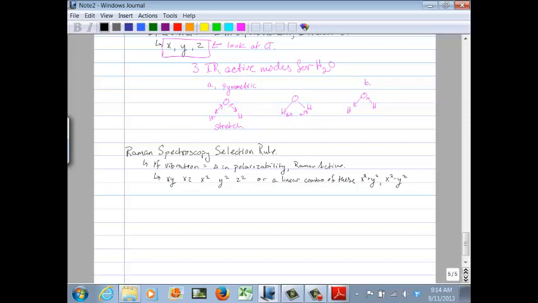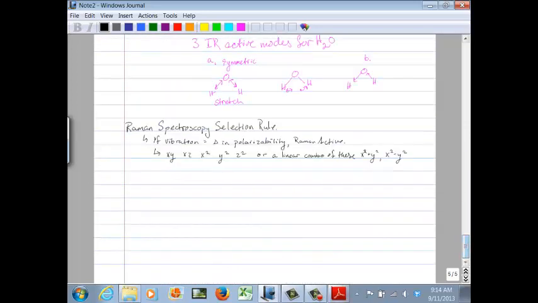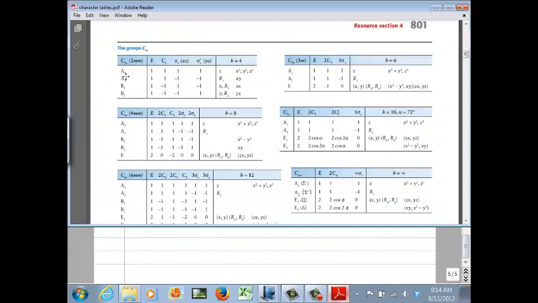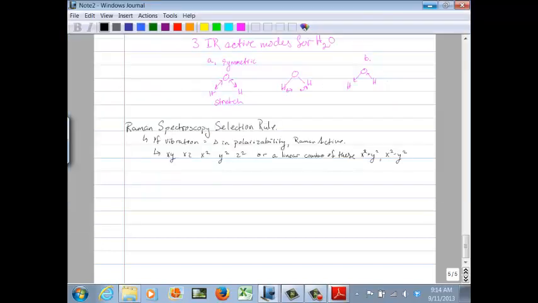Those sorts of things in the character table mean that that mode is Raman active. So let's go back up to our character table, and we had two A1s. Are they Raman active? Yes, they are, because they have squares of the coordinates. What about my B1? Is it Raman active? It sure is. So now I have also 3 Raman active modes.